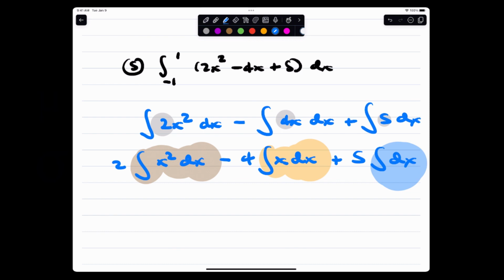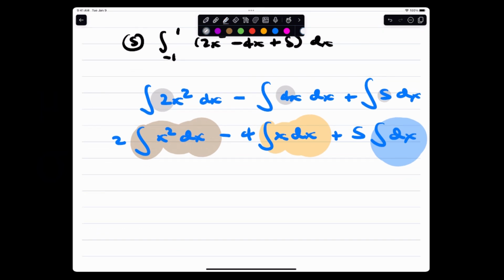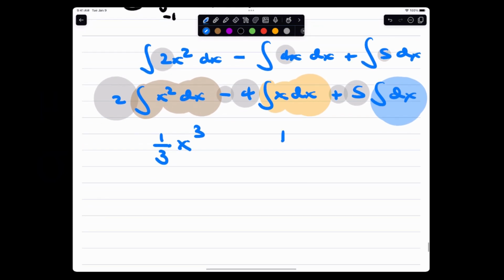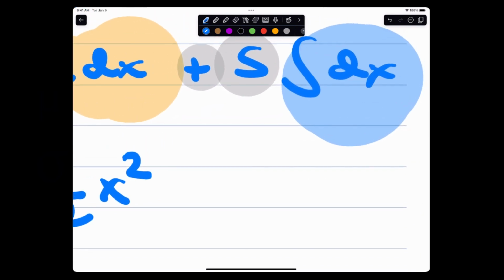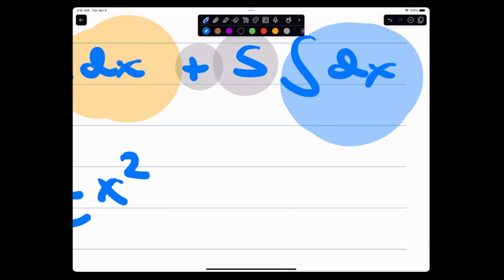Okay, so let's get these antiderivatives, but just don't forget you have all the constants everywhere, right? So what's the antiderivative of x squared? 1/3 x cubed, is that right? What's the antiderivative of x? 1/2 x squared. And the antiderivative of just this, you may want to write a formula down.